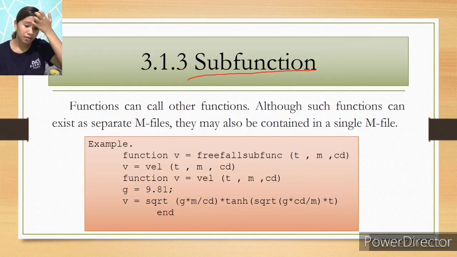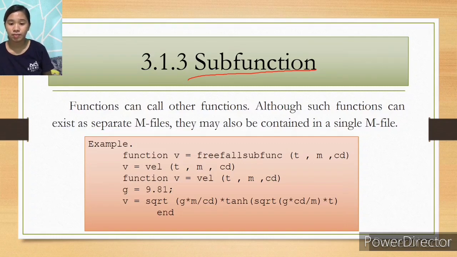So, function v = vel(t, m, cd). G is 9.81, which is a constant given. So the formula is v = the square root of g times m over cd, times tangent of the square root of g times cd divided by m times t.